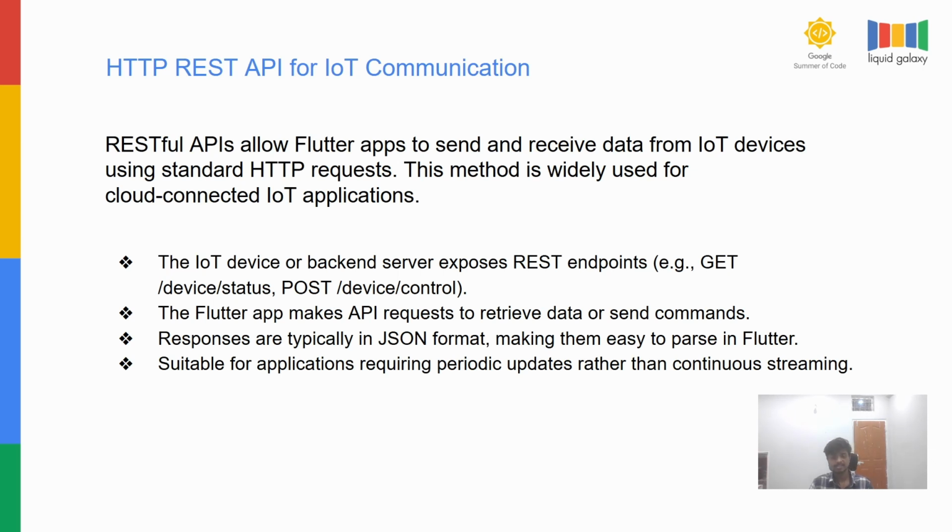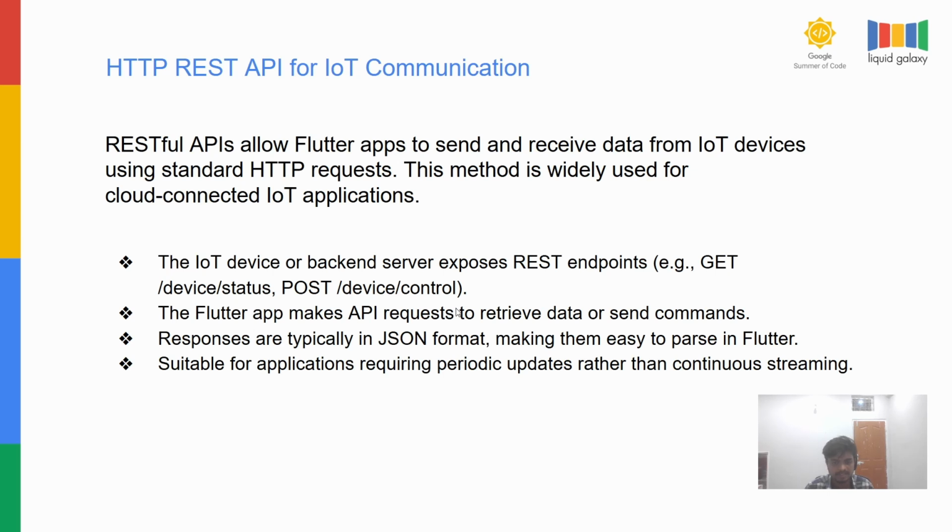The IoT device or backend server exposes REST endpoints, for example GET /device/status. What it will do is get the status of the device, and similarly a POST /device/control, you can send some control signals with it in the body of the request, and it will give the IoT device those controls.